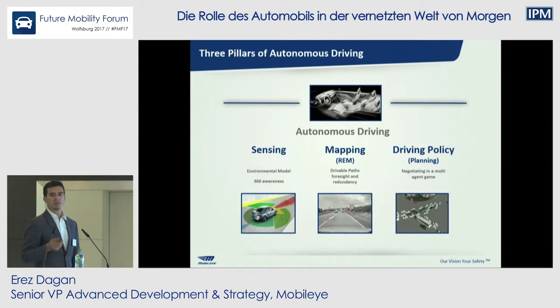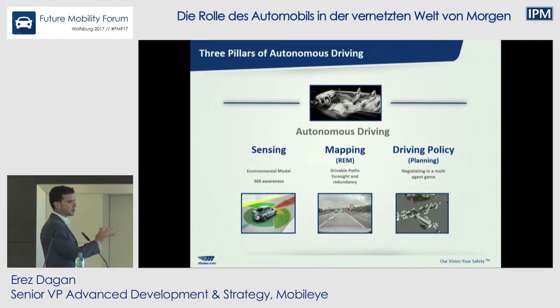We'll talk about what's the purpose of mapping, what does it serve, why is it critical, why is it just beneficial. And driving policy, which is the critical ability of the vehicle to negotiate its way after it perceived the environment. So just for a very easy mental image, these are the three technological pillars.